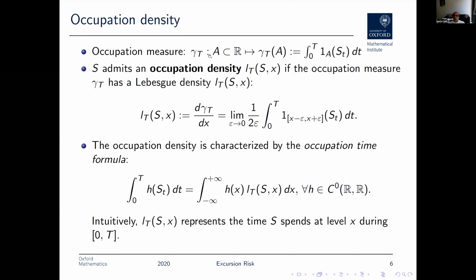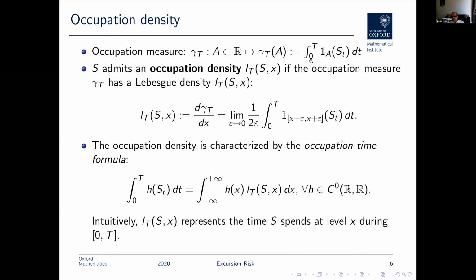And I define the occupation measure of this function S. So what is the occupation measure? It's a measure defined on the real line. If you give me a measurable subset A, the measure of A is simply the time my path spends in A during the interval 0 to t.